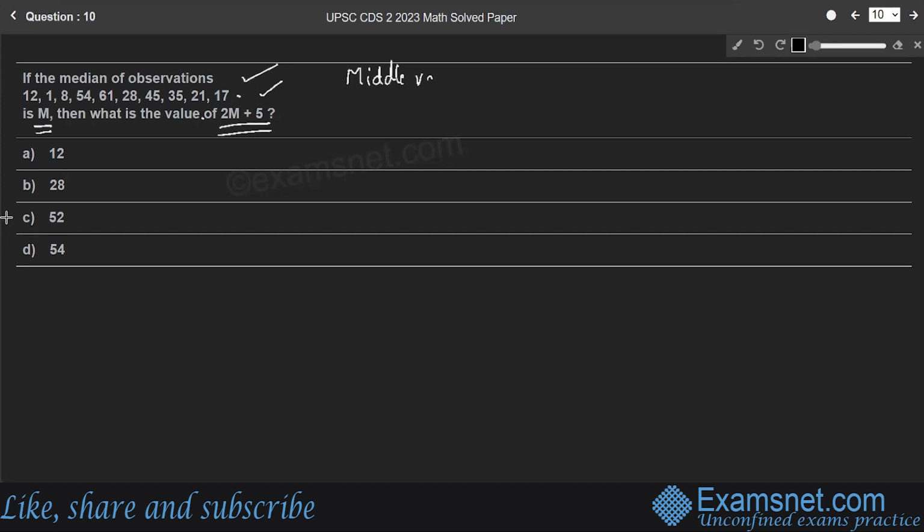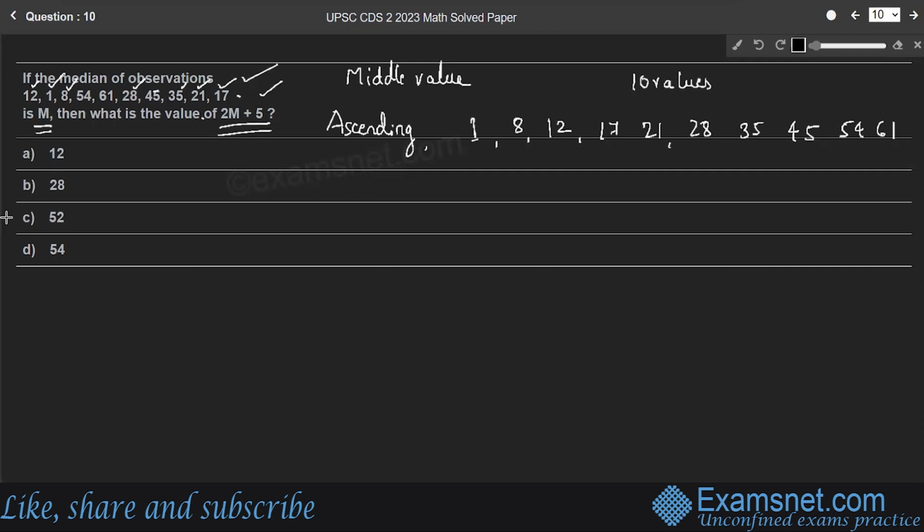So the least number is 1, next comes 8, 12, 17, 21, 28, 35, 45, 54 and 61. So there are 10 values.